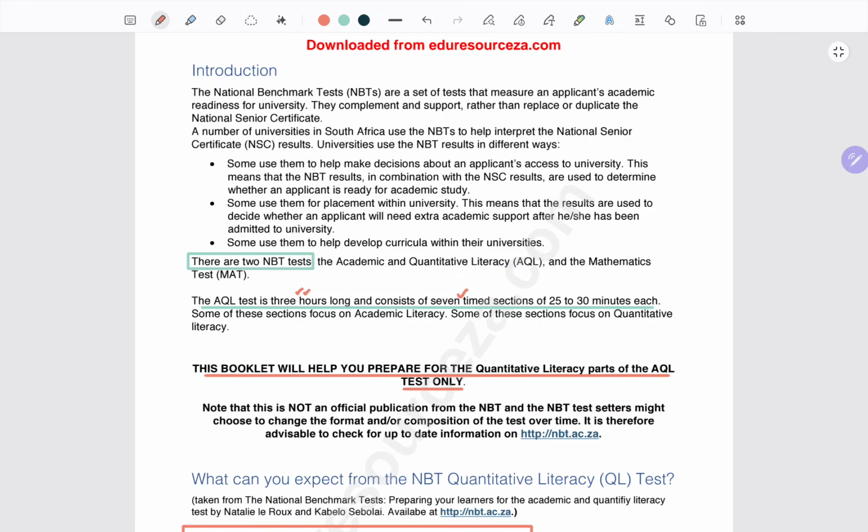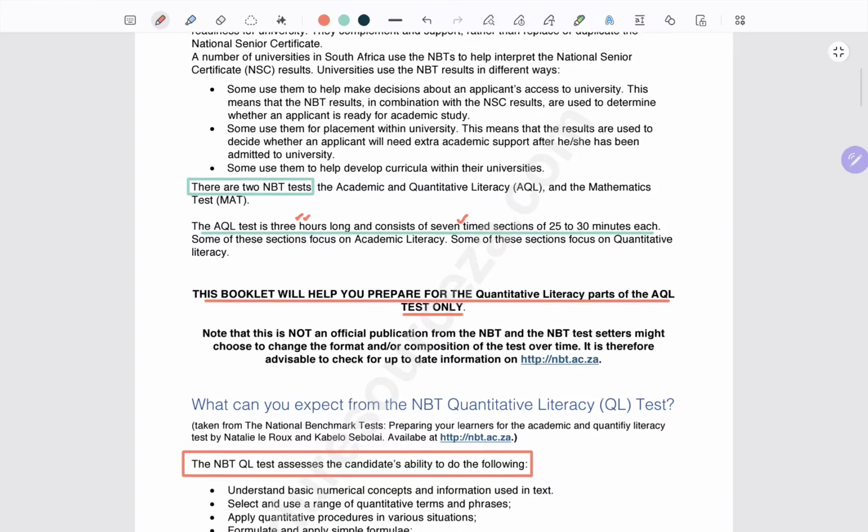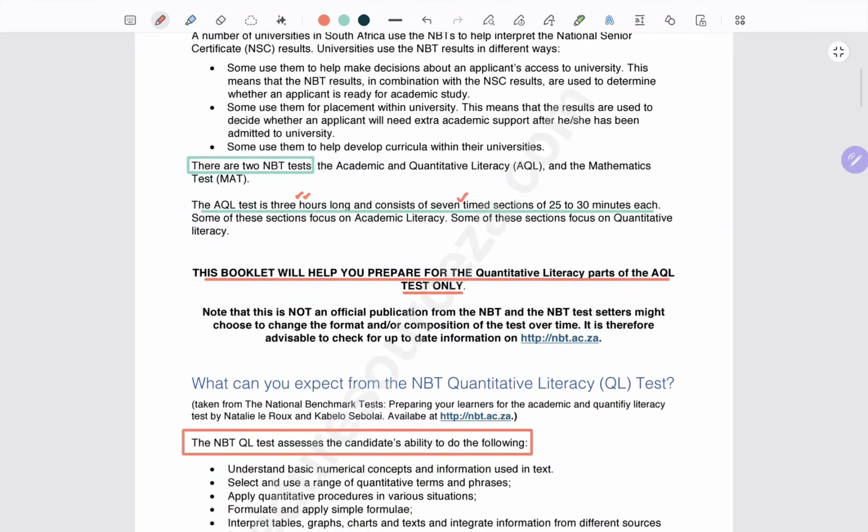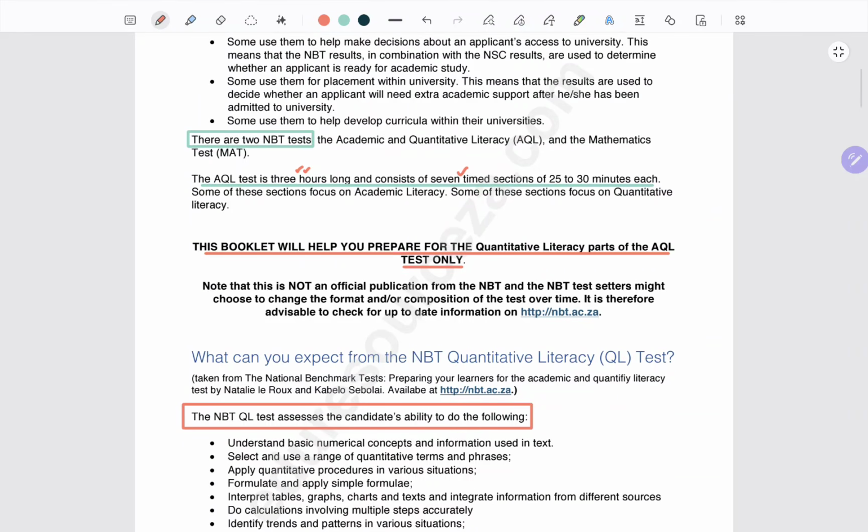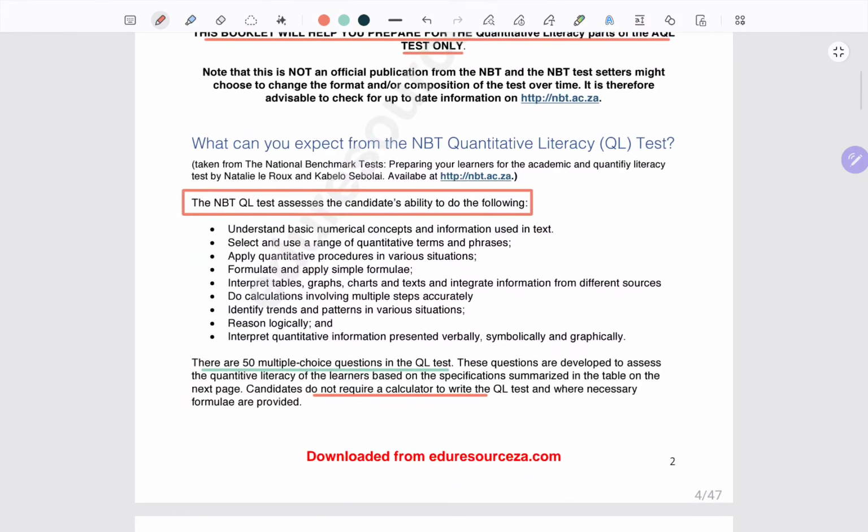So this is very important, because, like I said, folks, if you fail this AQL component, you should forget about studying anything. Just stop. All right, folks, so let's have a look. What's happening here? What are you being assessed on in this QL test? Obviously, folks, we need to have our basics of numerical concepts and, of course, information used in text, right?